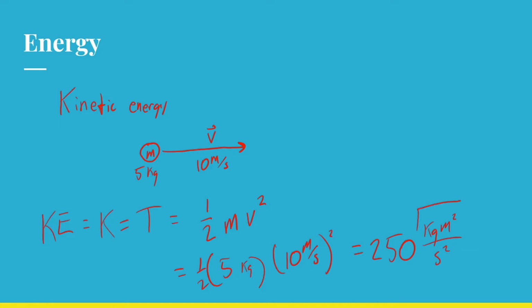This unit right here, kilogram meter squared per second squared, is also known as a joule. You'll see it written as just a J though. These are the units of energy. So if something has a mass and is moving with some velocity, this is how you can find its kinetic energy.